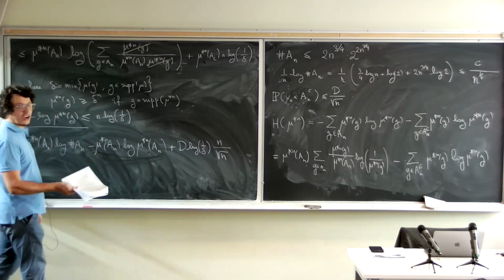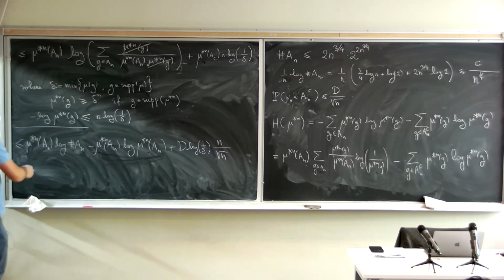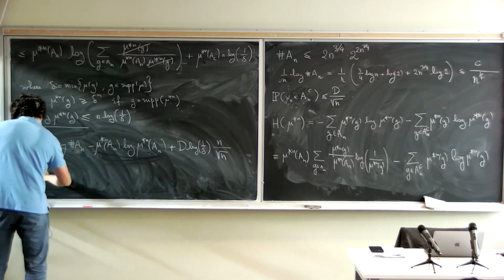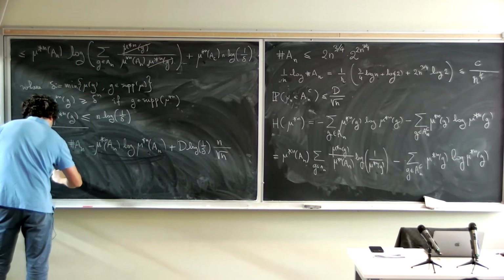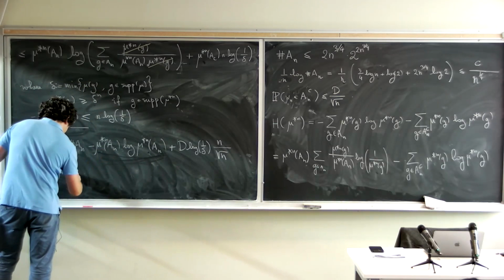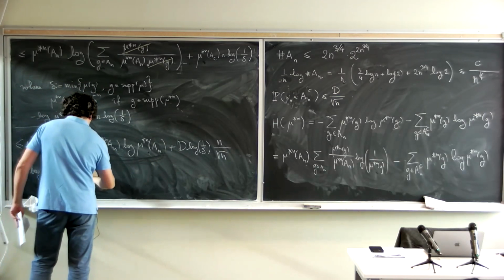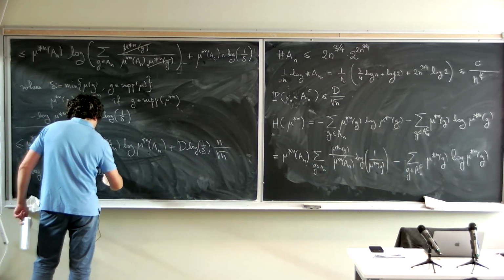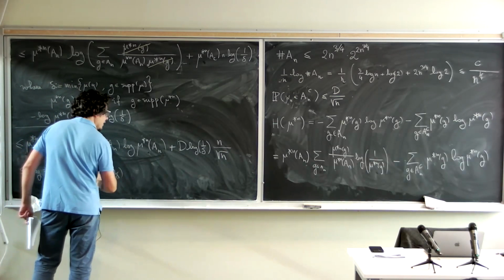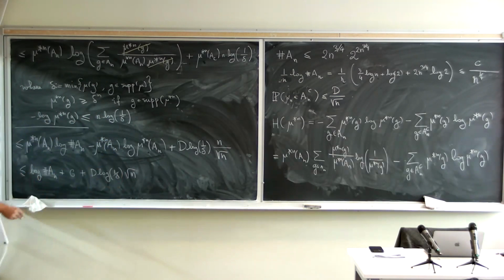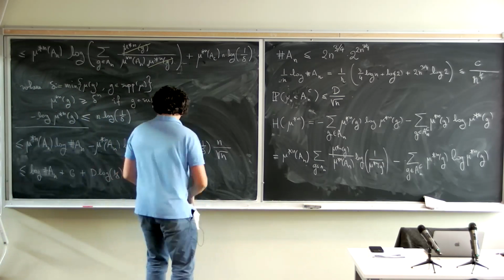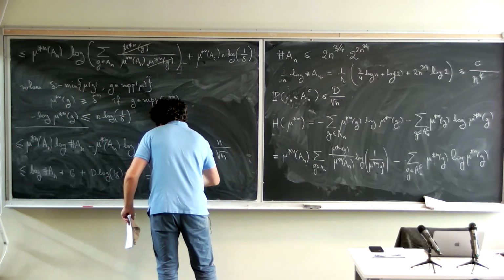This is just x log x, so it's some constant, and this is less than 1. So this is bounded by log of the cardinality of A_n plus some constant that we don't care about, plus d log 1 over delta times square root of n. But clearly this is sublinear in n. If you take this divided by n, clearly it goes to 0, so this is little o of n.